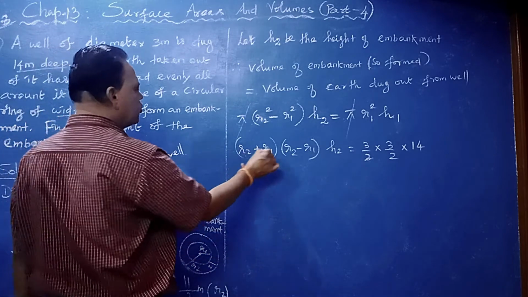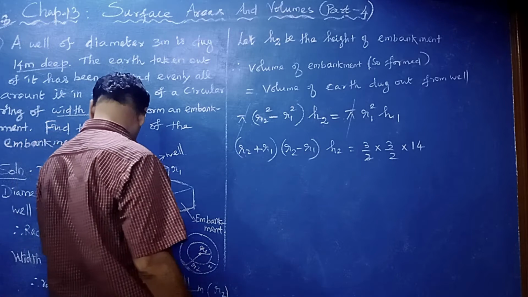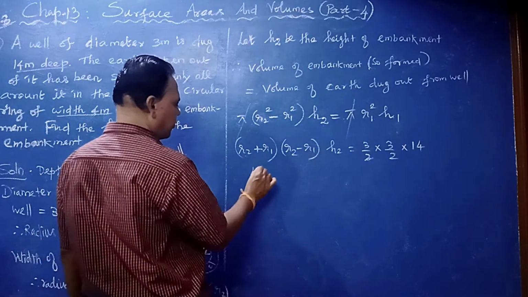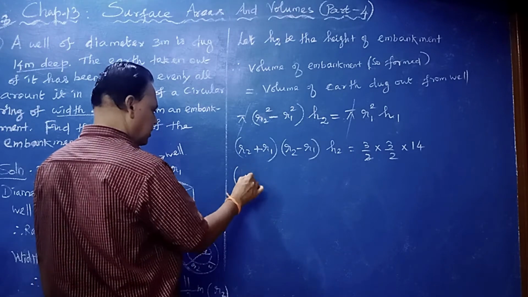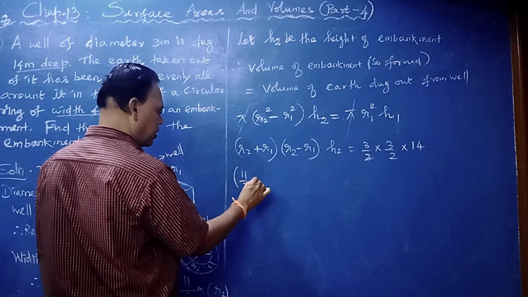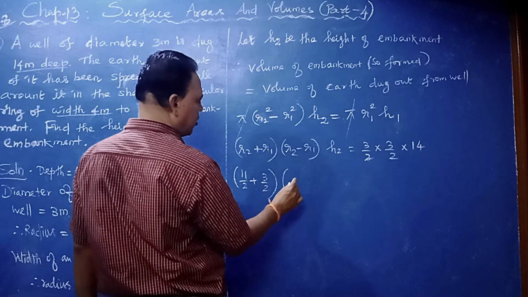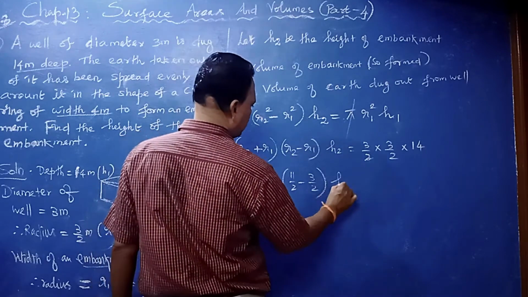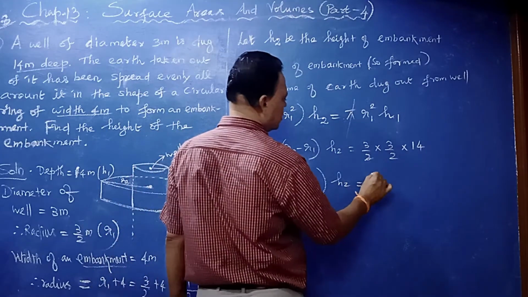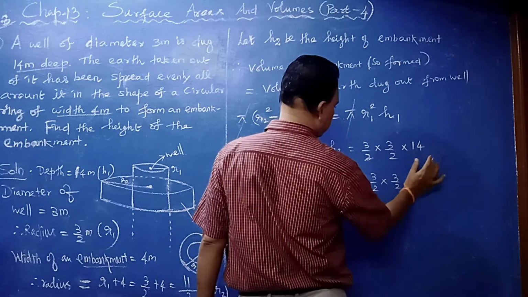Now R2 plus R1, both you have to add: 11 by 2 plus 3 by 2, which is 14 by 2. And R2 minus R1 is 11 by 2 minus 3 by 2. This side is 3 by 2 into 3 by 2 into 14.